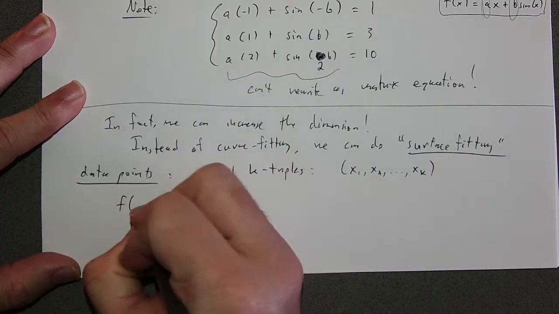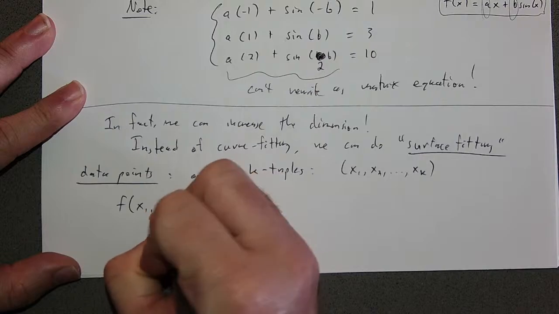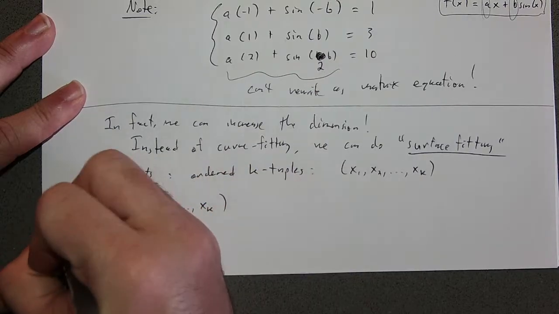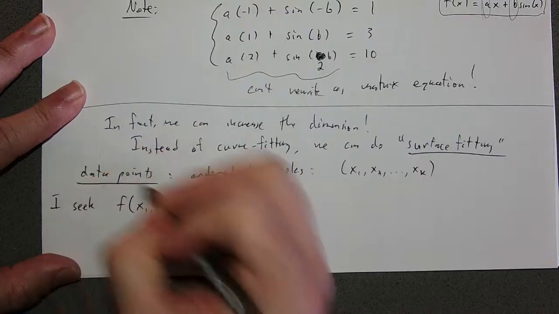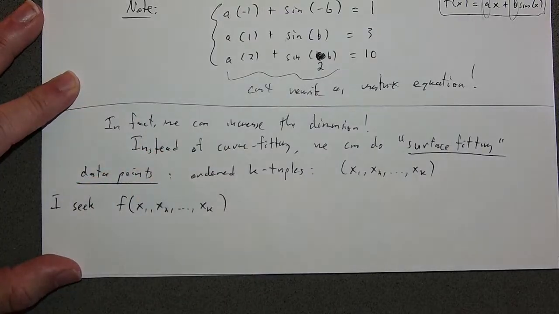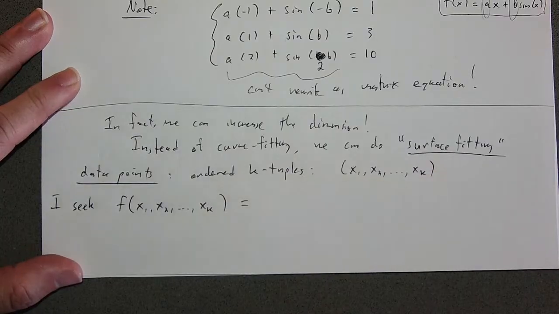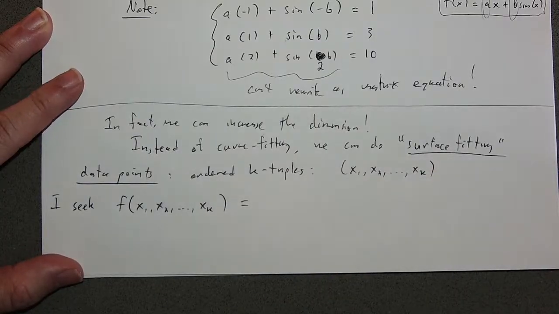Then the function that I seek, right? I seek ideally some function that perfectly fits the data. And again, the only requirement I have really is that it linearly depends on the unknown quantity.